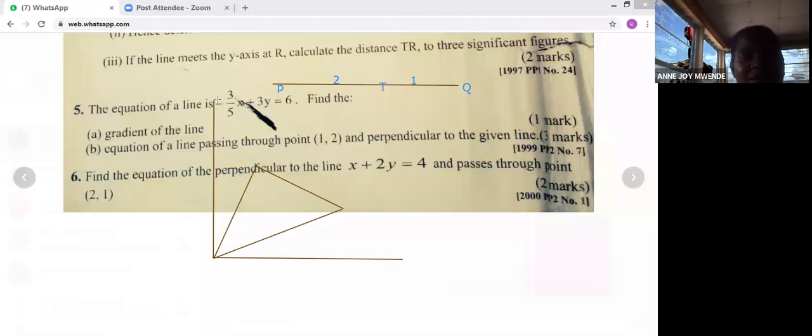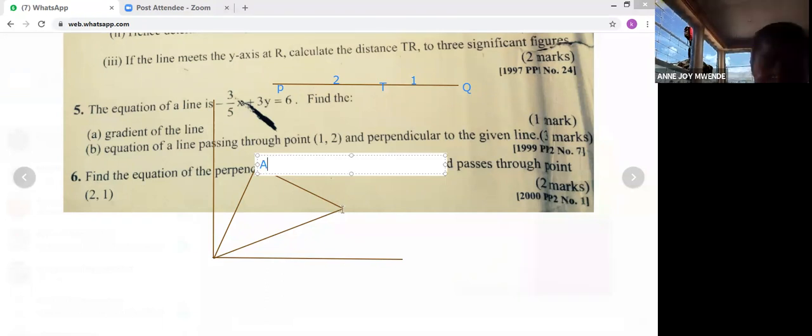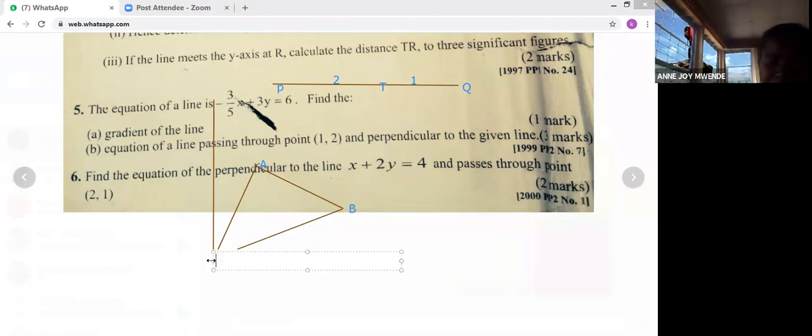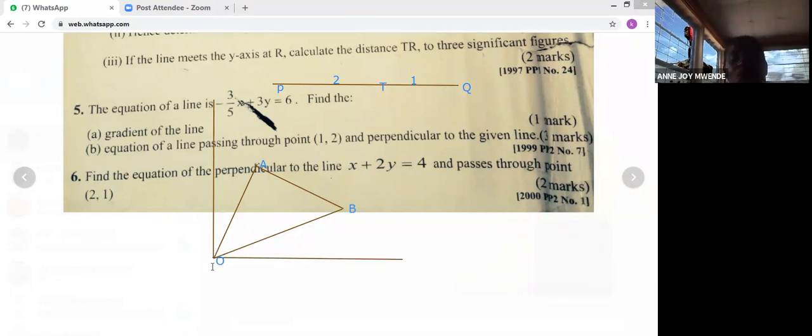I'll write this one as point A and this one as point B. Then this one is point O. This is our coordinate point O.